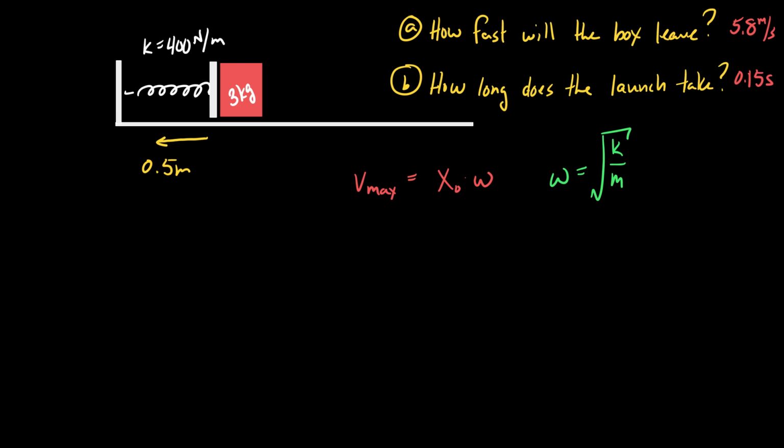I'm just choosing to do it this way. So V max is going to be x naught, which looks to be 0.5, times the square root of k, 400, over m, 3. Any question about that? Plug in your numbers, get whatever.